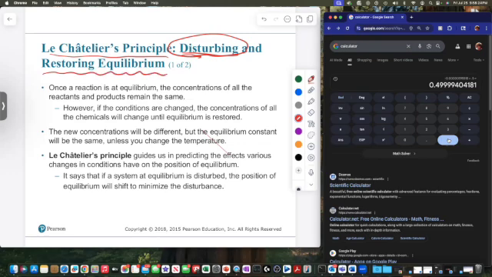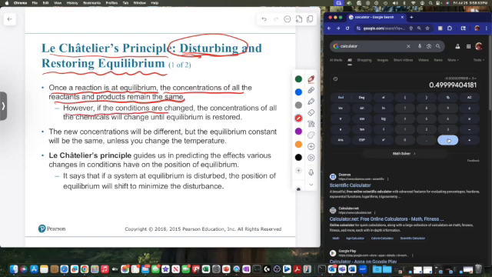So the closest thing I can say to equilibrium in biology will be homeostasis, trying to maintain status quo, right? So you are going to disturb a goal that has been achieved, and then the system will react to restore that goal. Okay. Once a reaction is at equilibrium, its goal, the concentrations of all the reactants and products remain the same. Okay. That tells us we are at equilibrium.